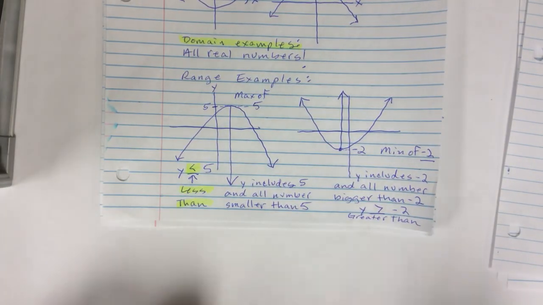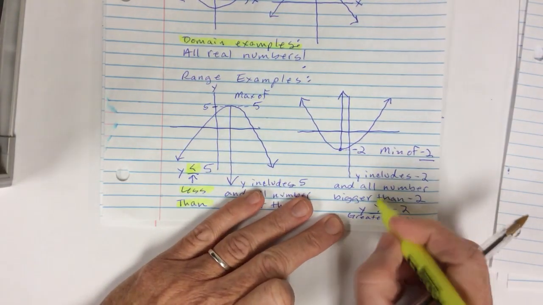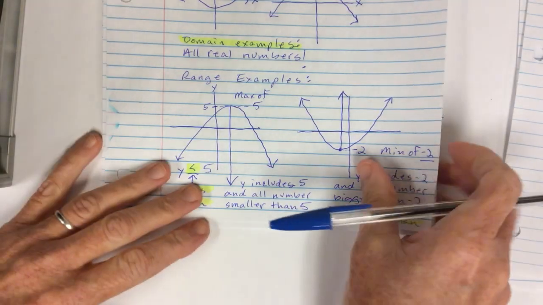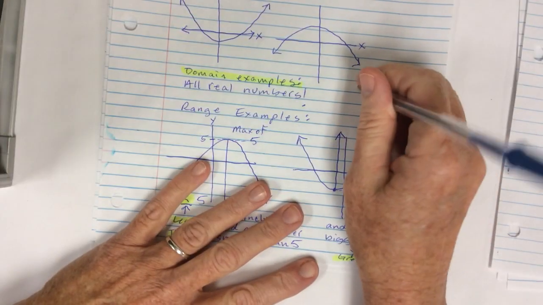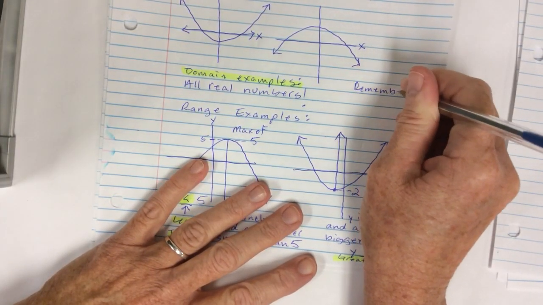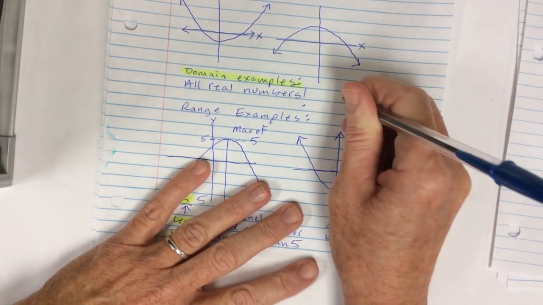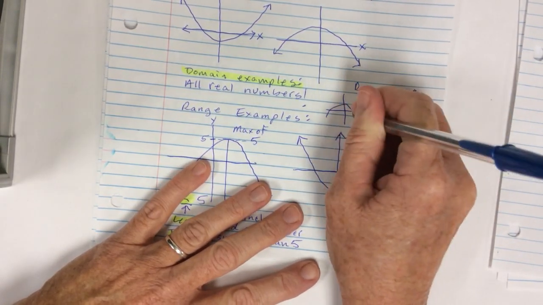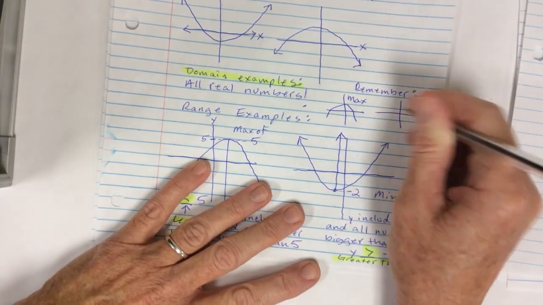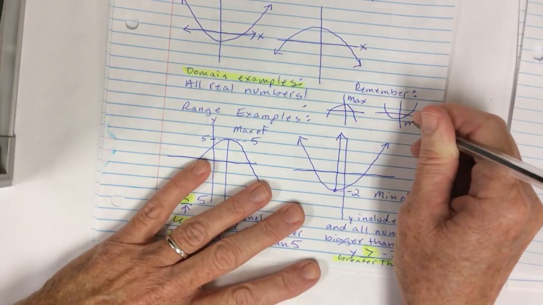Okay? And remember, we already learned this. If it's opening down, it has a maximum. And if it's opening up, it has a minimum.